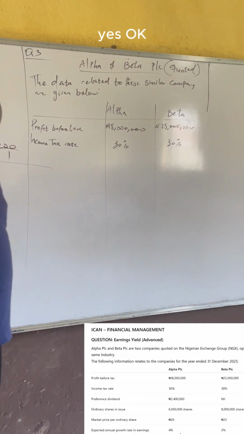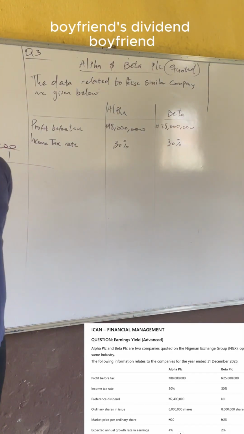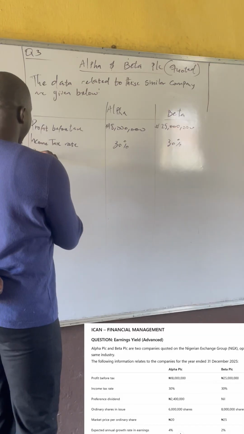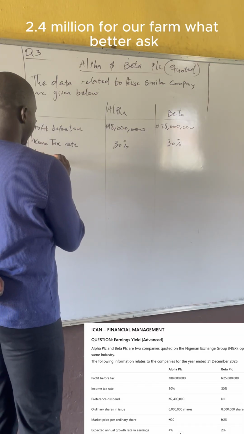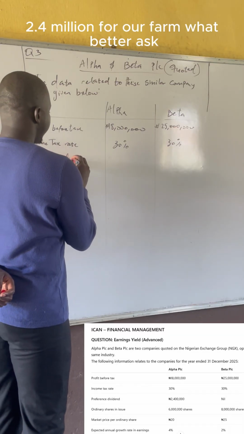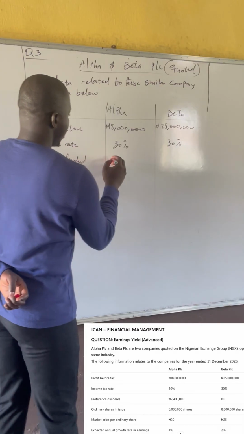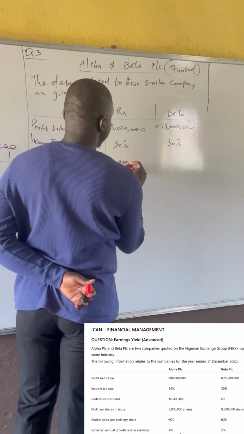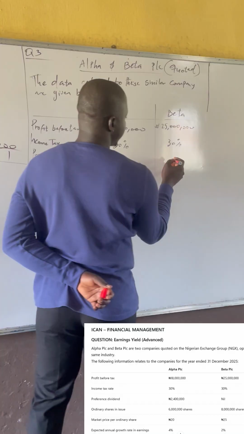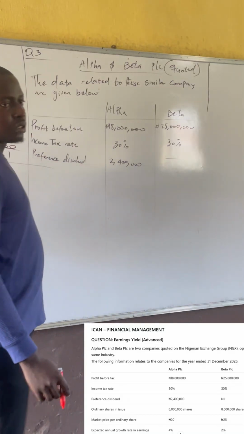Preference dividend is 2.4 million for Alpha, while Beta has nothing.